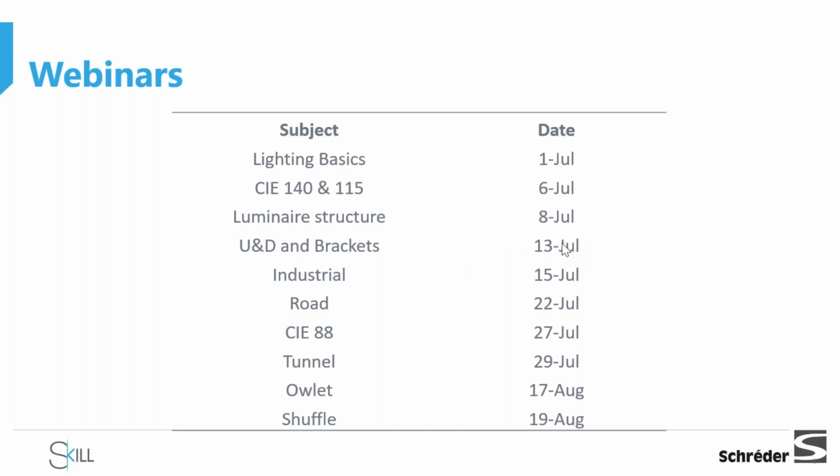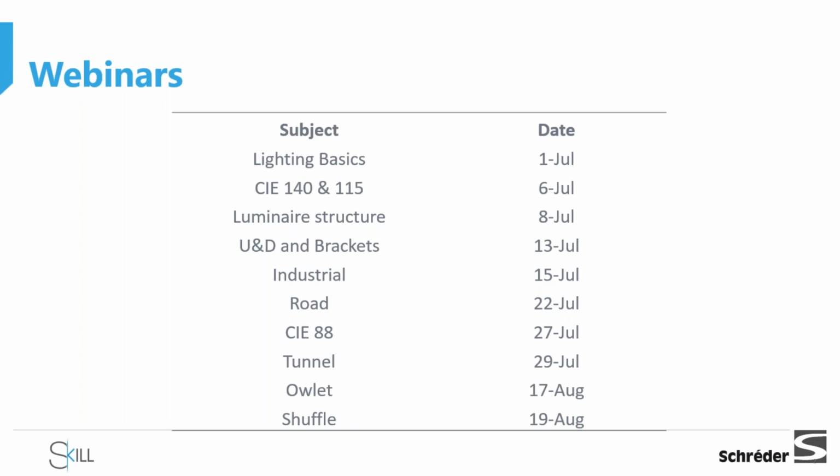During the months of July and August, we will have a series of webinars focused on the theory of outdoor lighting, like the first session happening today about lighting basics. Then on the 6th of July, we will speak about the CIE 140 and 115 norms, the international standards with recommendations for illuminating outdoor areas like street lighting.